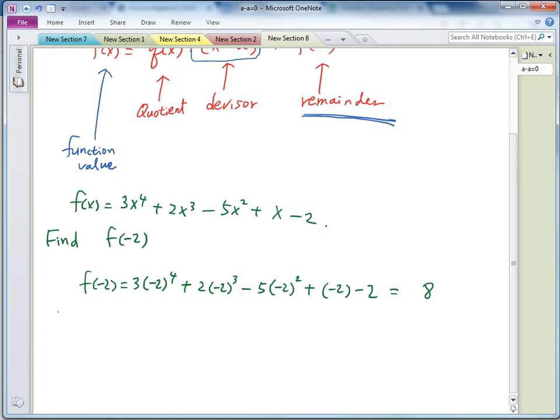The remainder theorem says find the remainder using the divisor. So what will be my divisor? Negative 2. So I'm going to do long division or synthetic division? What do you prefer? Yeah, I prefer synthetic division here. So I've got all the numbers. Where do I have these numbers?